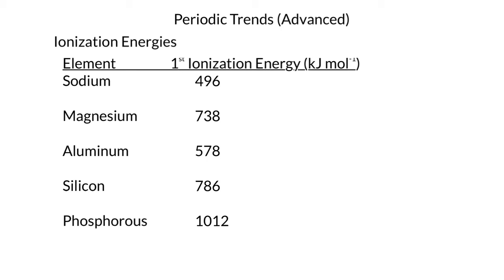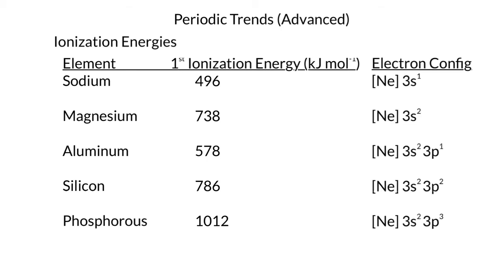In order to understand this, we actually have to look at the quantum mechanic model of the atom. Once we look at the electron configurations of these 5 atoms, we start to see why this anomaly occurs. Sodium and magnesium are losing their electron from the 3s sublevel. On the other hand, aluminum has to lose its electron from the 3p sublevel. 3p electrons, you may remember, are higher energy electrons than 3s.